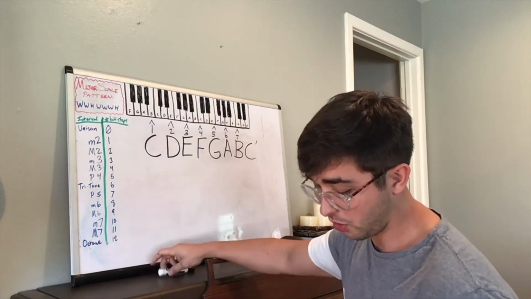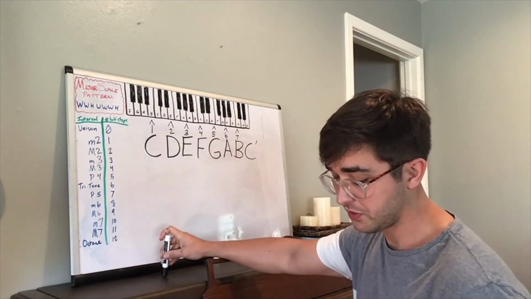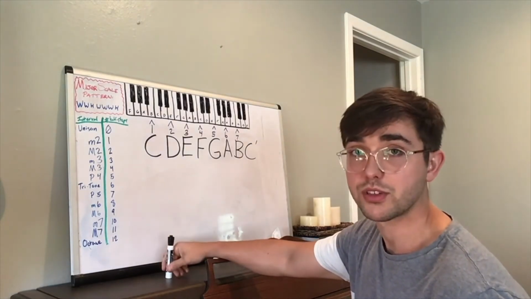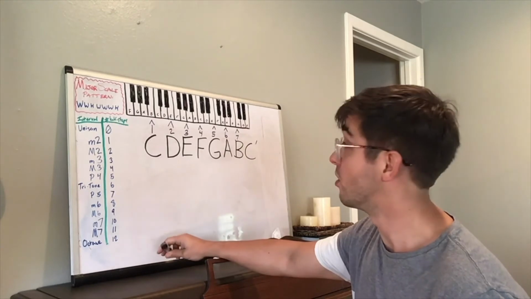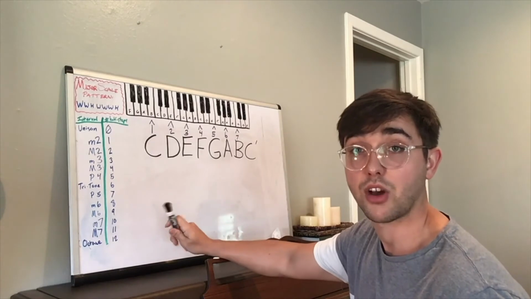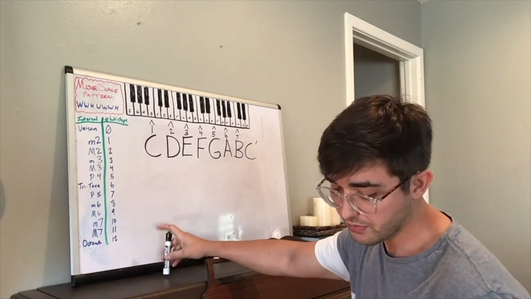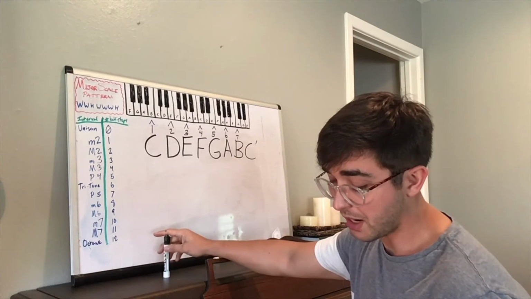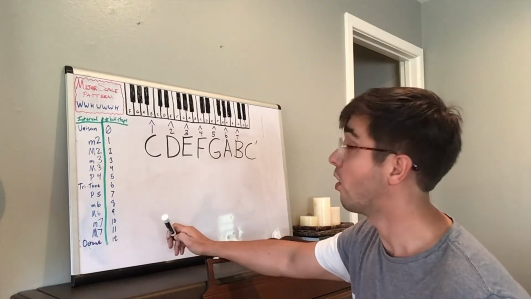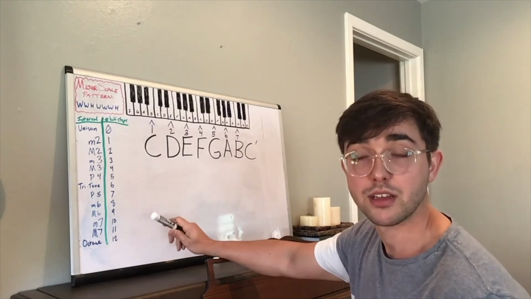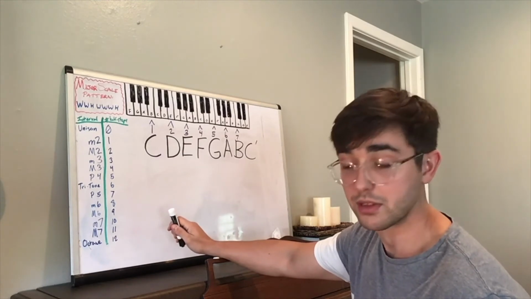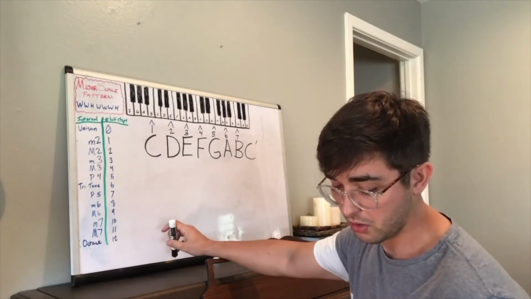So let's talk about these qualities real quick, just to hammer them away. So perfect intervals, the perfect quality is only applied to a unison, only applied to fourths and fifths and octaves. Major and minor quality intervals are only applied to seconds, thirds, and sixths and sevenths.